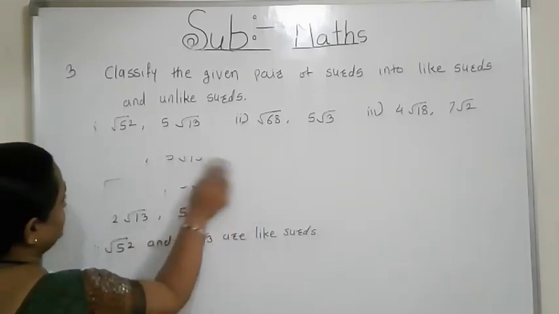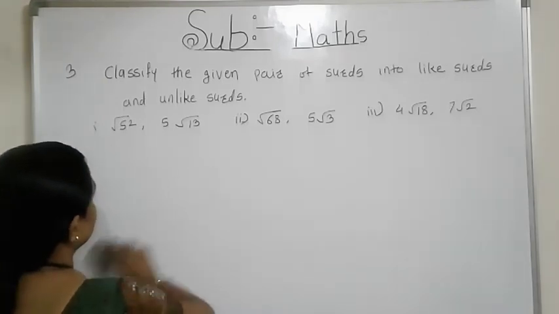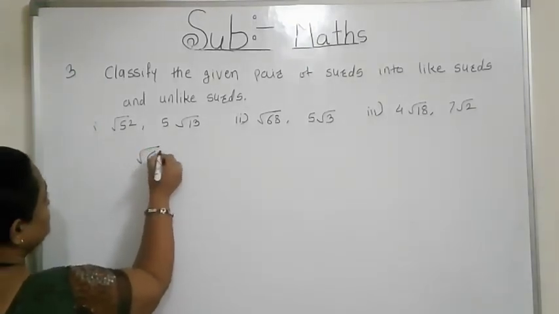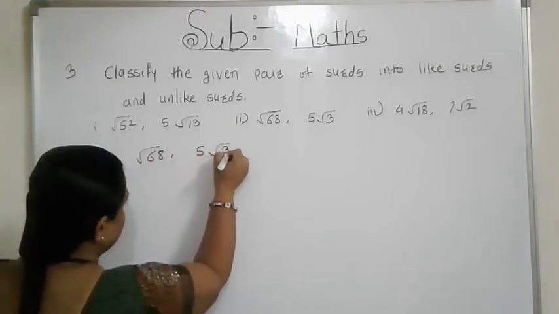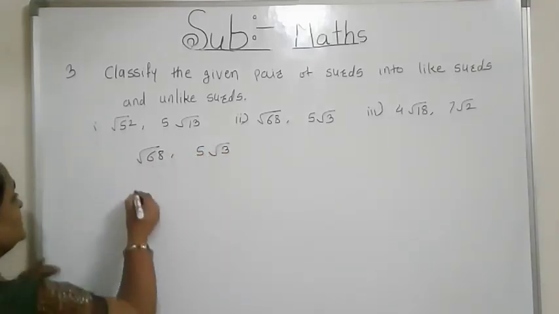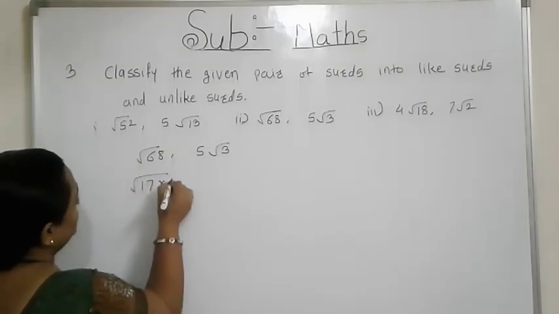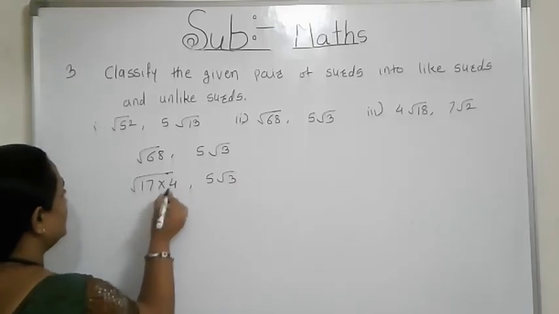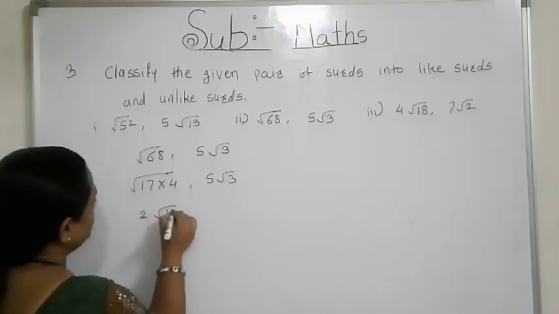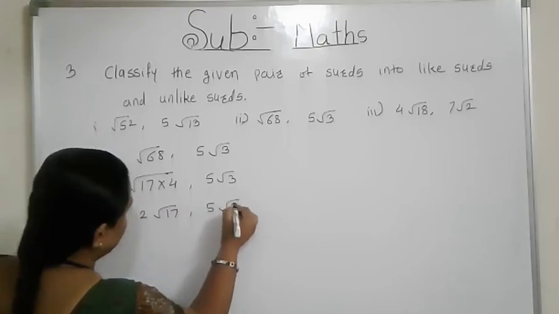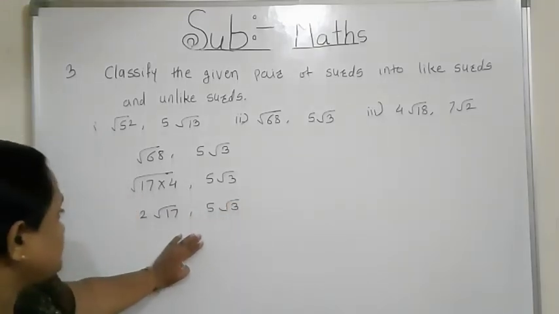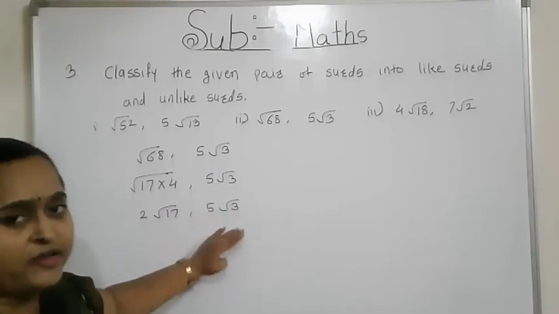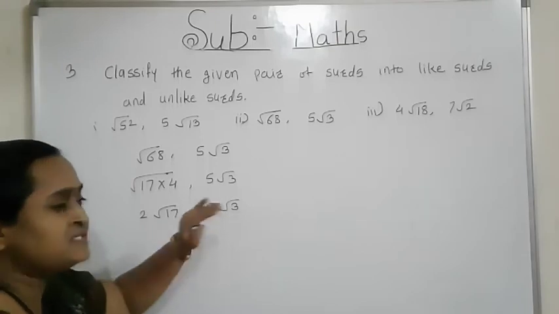Now see the second example, root 68 and 5 root 3. Again you have to simplify this. 68 is 17 into 4, so root 68 is 2 root 17, and 5 root 3. Now see in this example, order is 2 here and order is 2 here also, means order is same. But radicands are different.